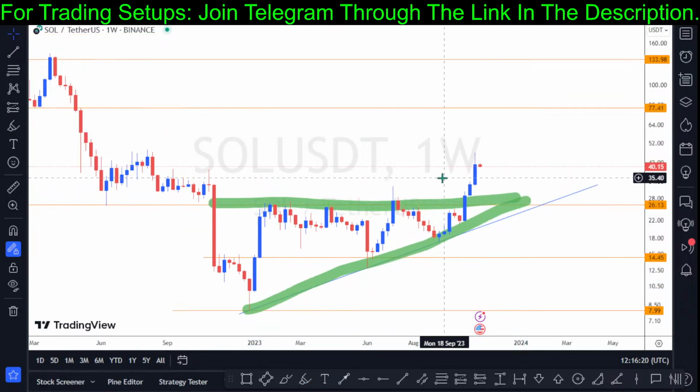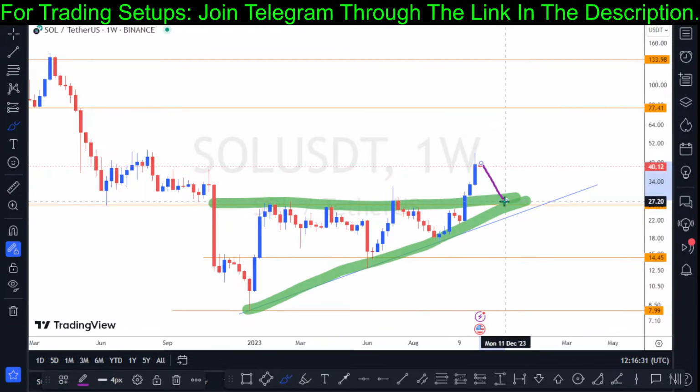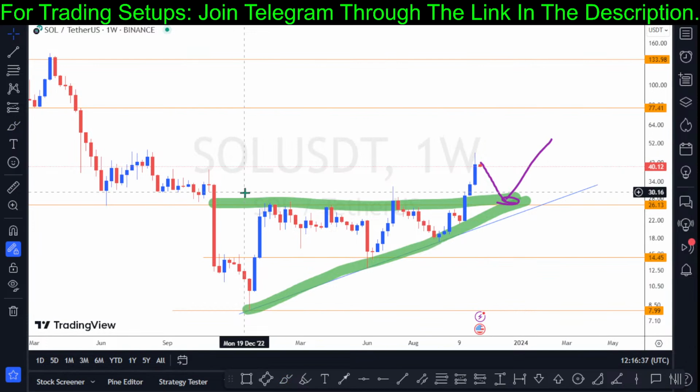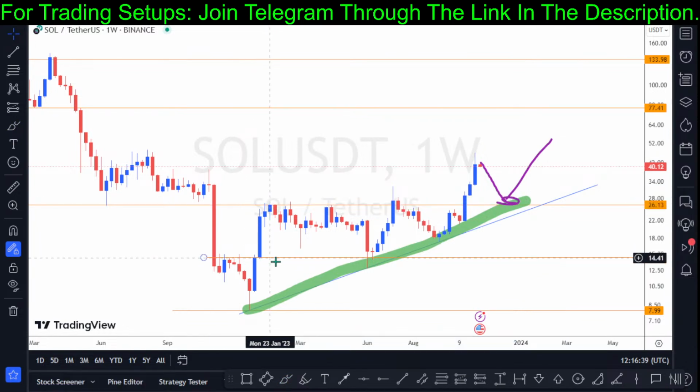I'm skeptical, I don't really believe price can make a pullback, but anyways, nothing is impossible in the market. If we can have a strong bearish pullback to this level, then that will be an opportunity to accumulate more Solana into my portfolio. So this is my view on the chart of Solana. If you're a cryptocurrency trader, please check that as well. Check Solana. This could be a trade opportunity for you.